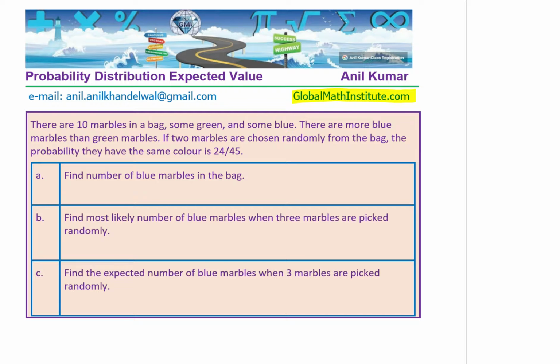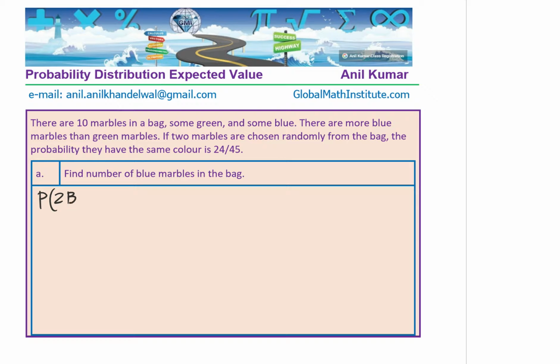Now keeping that in view, let's continue with our solution. So we say that the probability of two blue or two green is what? Well, for getting two blue, we are saying blue is x and green is 10 minus x. So out of x, we choose 2, divided by the total 10C2, plus out of 10 minus x, we choose 2.